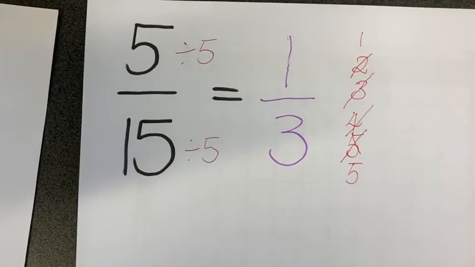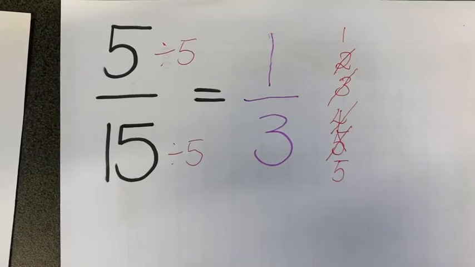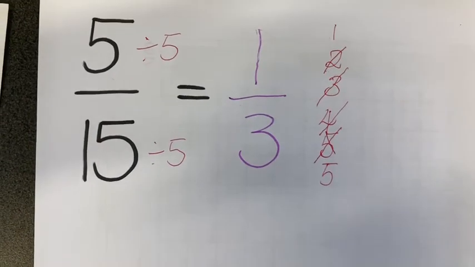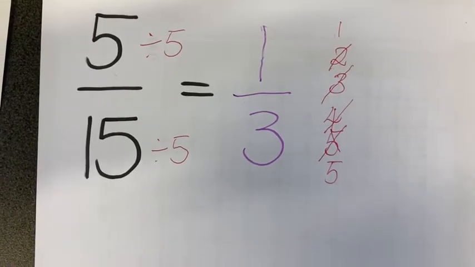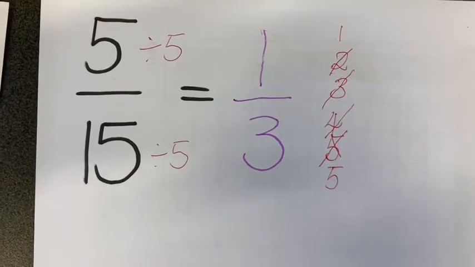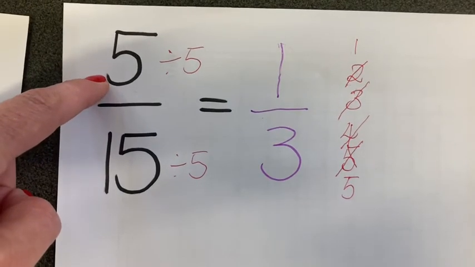So I just want to recap the process. We are looking for an equivalent fraction to 5/15, and we go through all the numbers from 1. We don't start at 0, we start at 1, and we work up to the lowest number over here. So we're going to work up to 5.